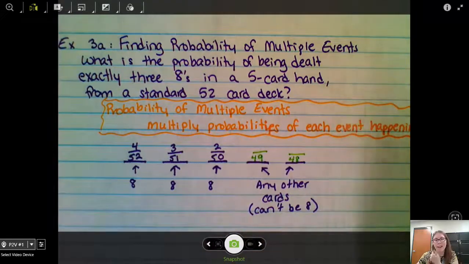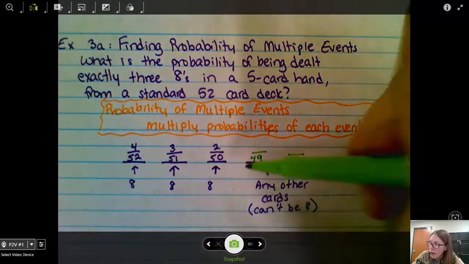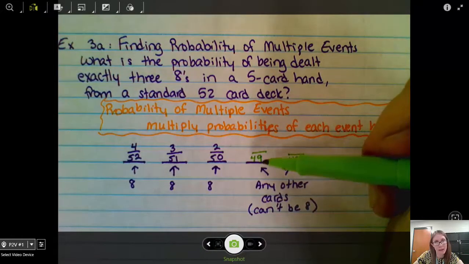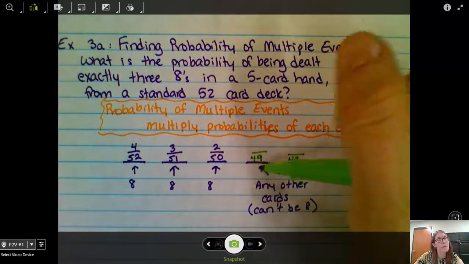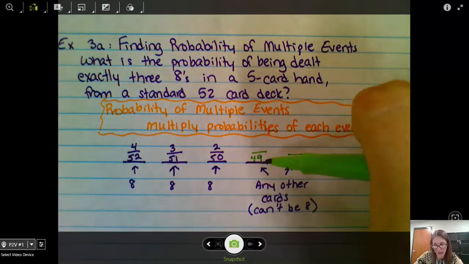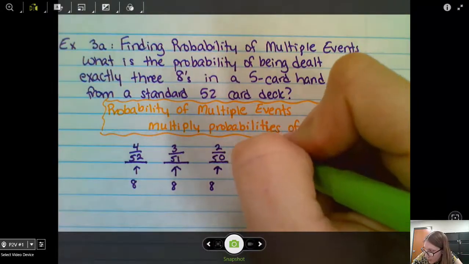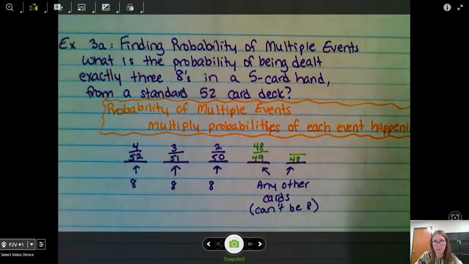Out of those 49 cards that remain, one of them is an 8. I don't want that 8. Any of the other 48 cards are fair game.